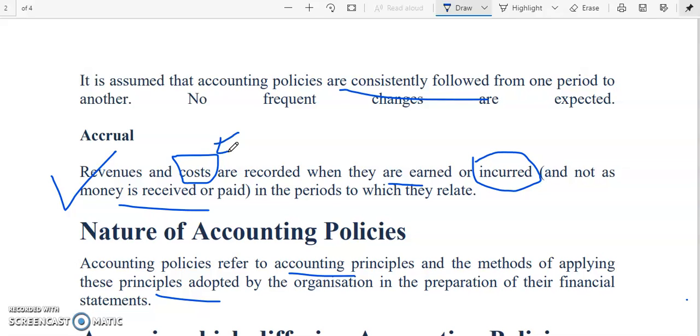Revenue is recorded as and when earned, though money may not be received, and costs are recorded for the period to which they relate, though not necessarily paid in cash. So this is accrual.